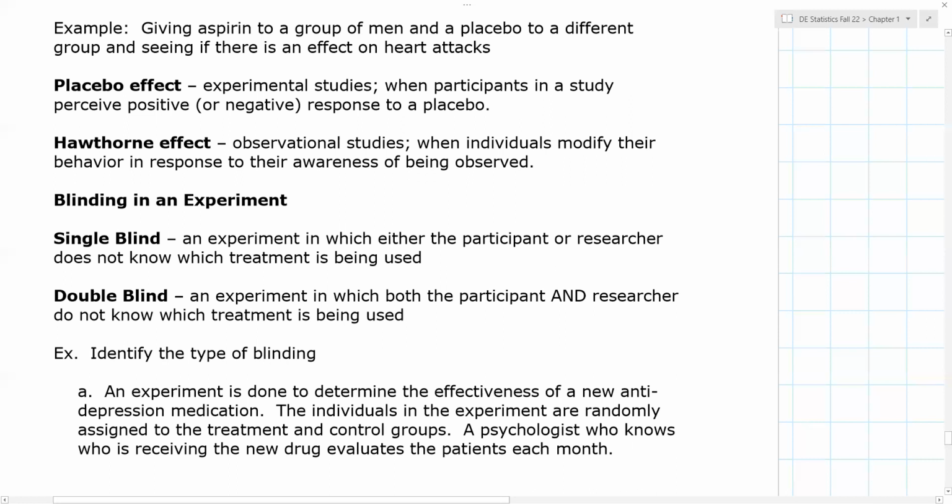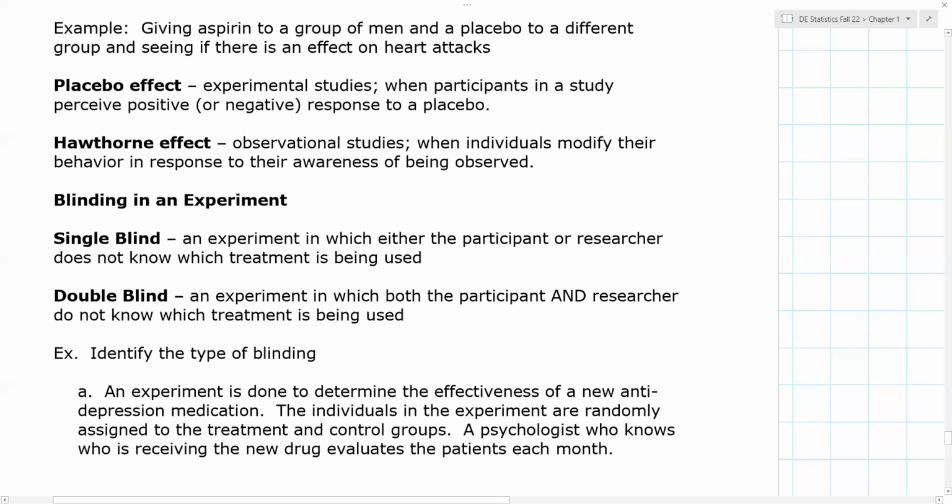In order to do a double-blind study, there has to be more than 2 levels then. So in a double-blind study, let's say they're testing a new cancer treatment, a cancer drug that's supposed to help cancer patients. So in this study, they would have the patient who has the cancer. They would not know whether they're getting the new drug treatment or a placebo.